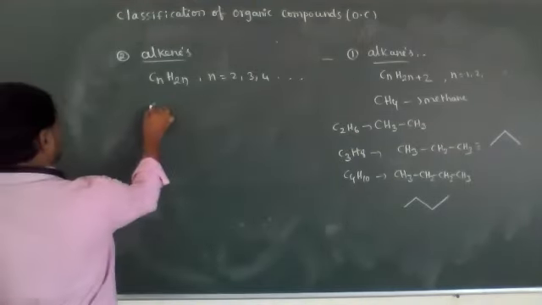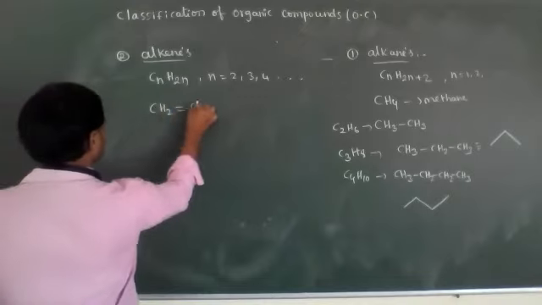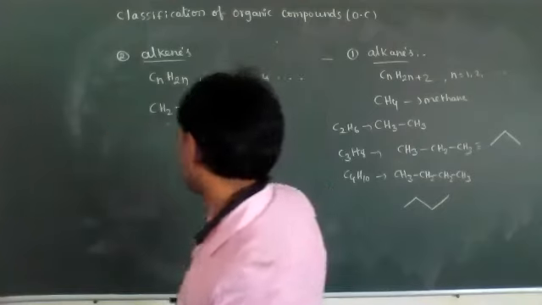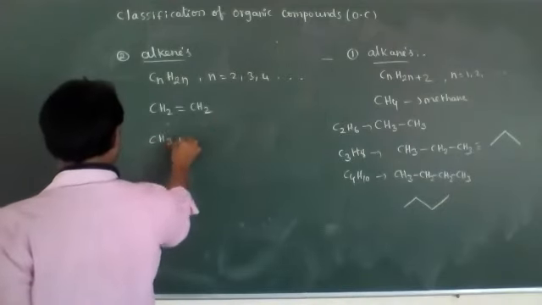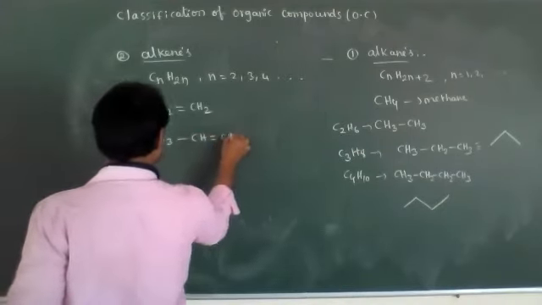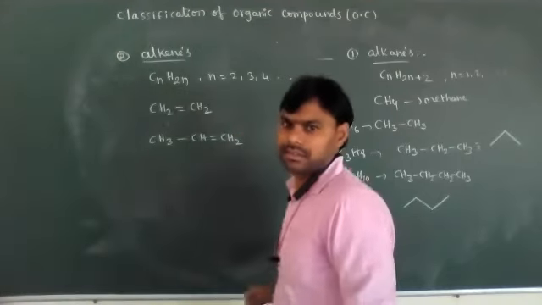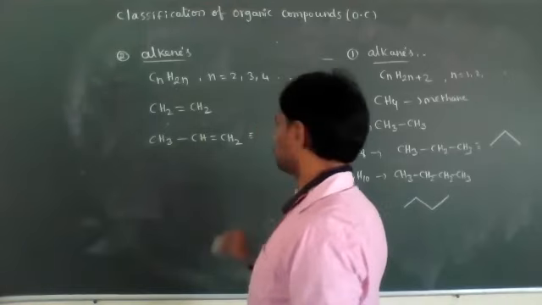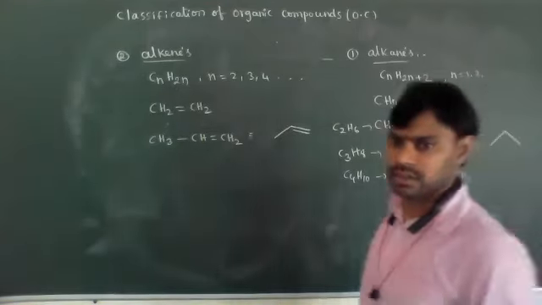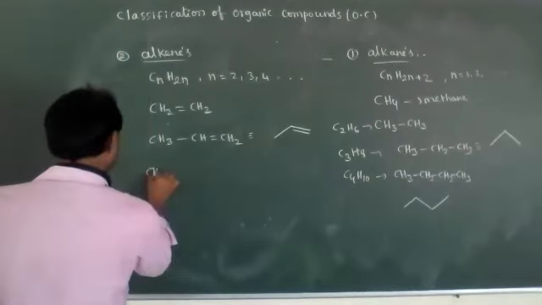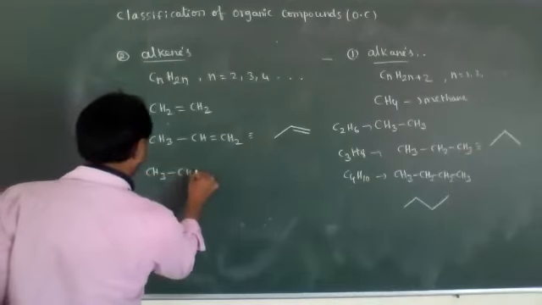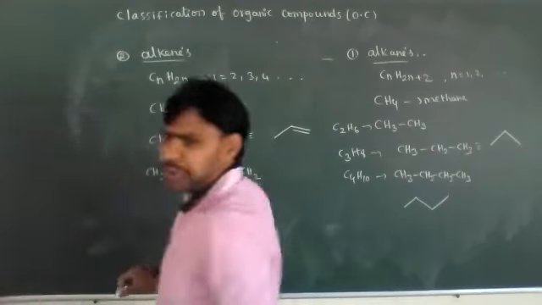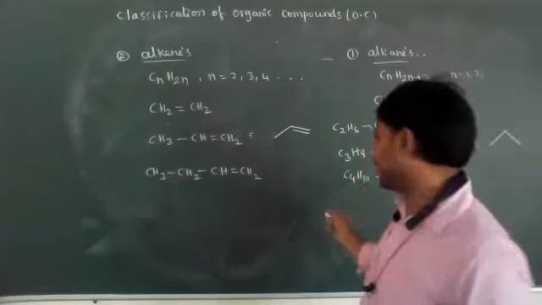So that is CH2=CH2, ethene. Next, CH3-CH=CH2, propene. For the bond line representation, it is like this. CH3-CH2-CH=CH2 is but-1-ene, the double bond is at the end.